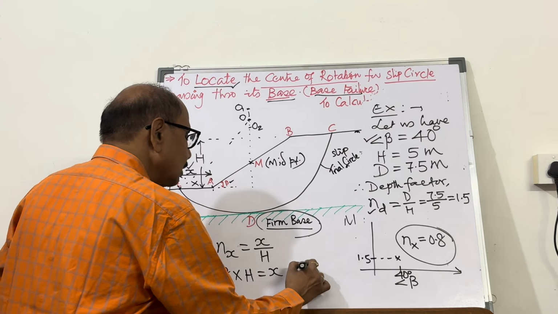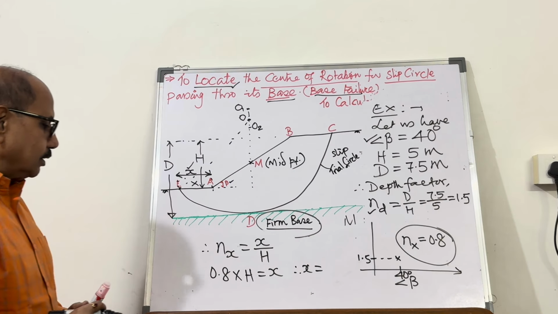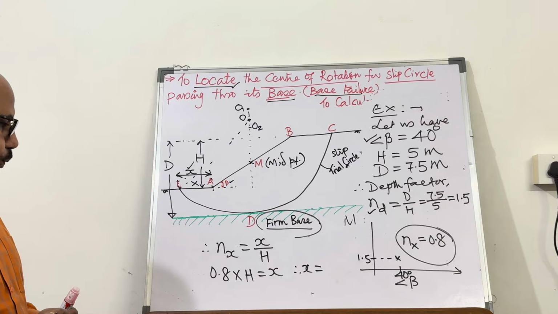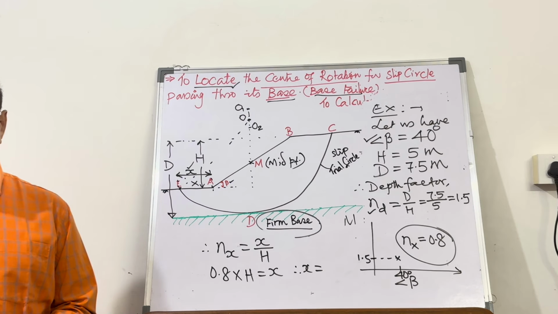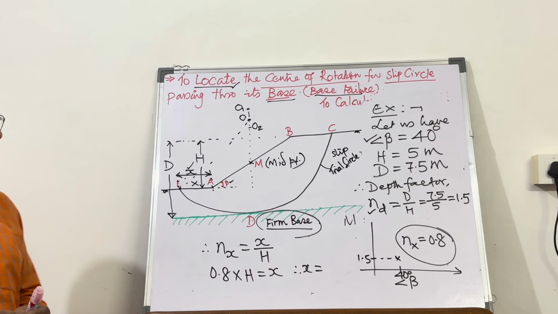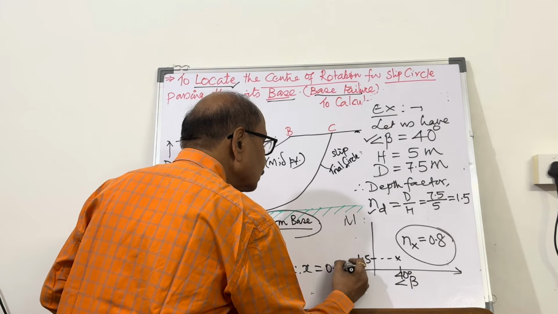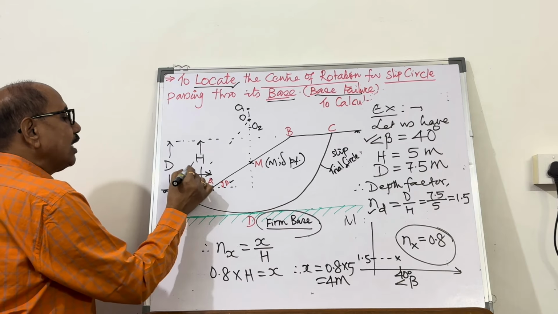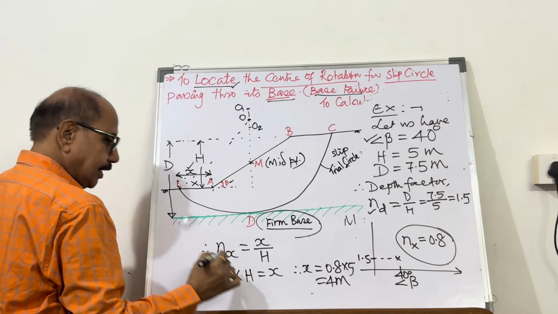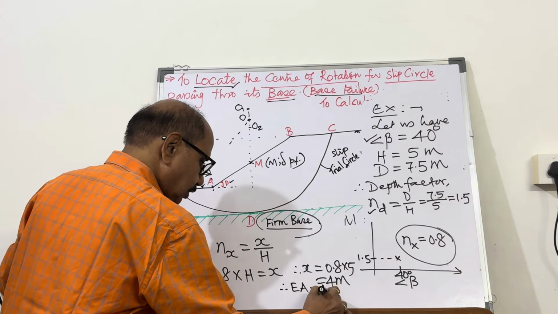Therefore, x equal to 0.8 multiplied by 5, that is 4 meter. So this value from E to A, therefore EA equal to 4 meter.